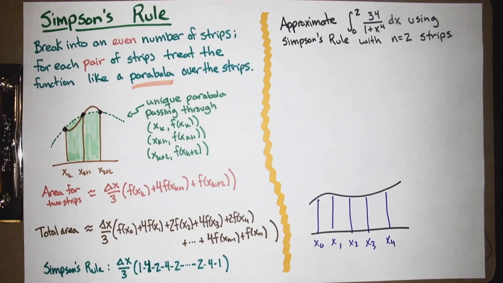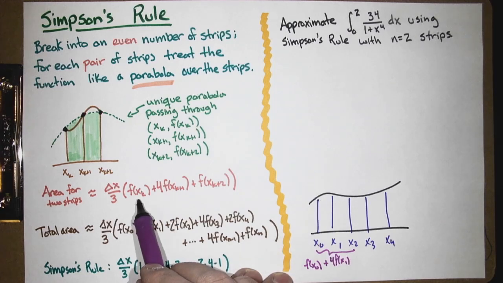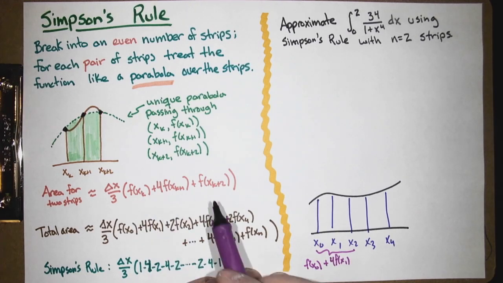Now, when we look at the first pair, we say, how often does x0 show up? Once. How often about for x1? 4 times, because it shows up. I'm just talking about the first pair. So once on the left, 4 in the middle, once on the right.